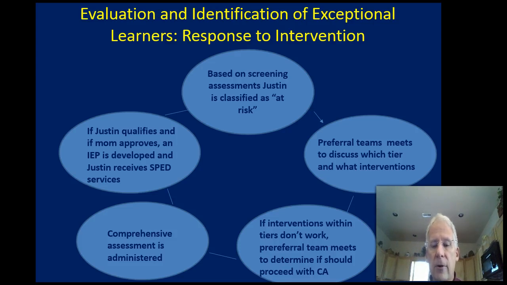Then the pre-referral team meets to determine whether or not Justin should have what we would call a CA, or a comprehensive assessment. The comprehensive assessment is then administered, usually by a school psychologist, and if Justin qualifies and if Mom approves, an IEP is developed and Justin receives special ed services.